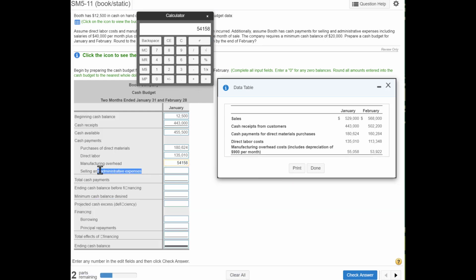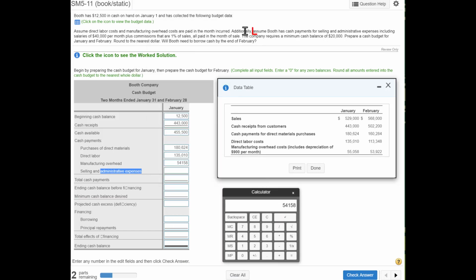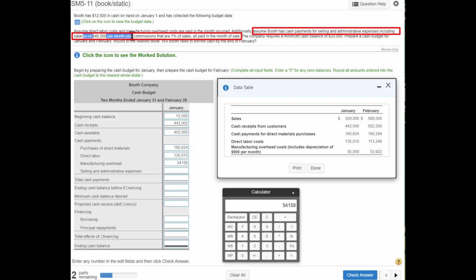Next, we've got selling and administrative expenses. Remember, selling and administrative expenses include $40,000 per month plus commissions that are 1% of sales.